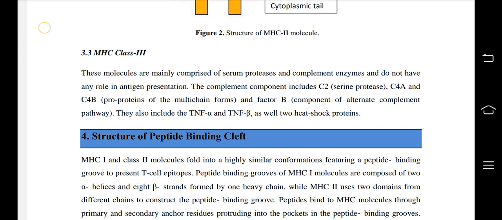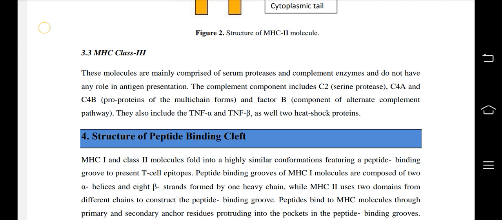Structure of peptide binding cleft. MHC1 and class 2 molecules fold into highly similar conformations featuring a peptide binding groove to present T cell epitopes. Peptide binding grooves of MHC1 molecules are composed of 2 alpha helices and 8 beta strands formed by one heavy chain, while MHC2 uses 2 domains from different chains to construct the peptide binding groove.